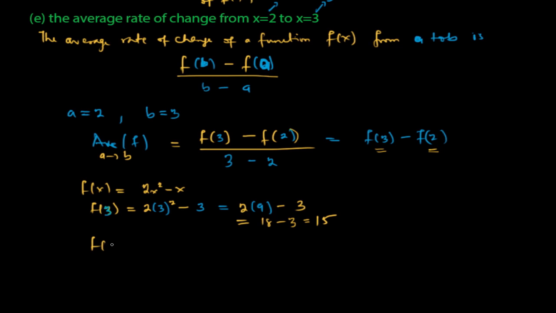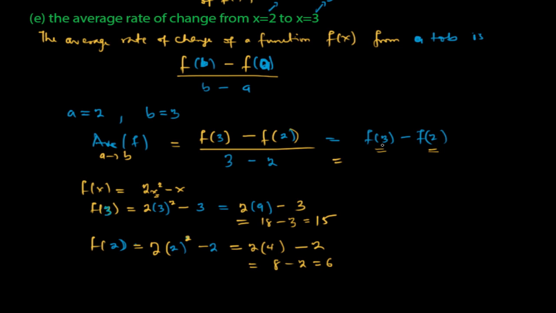So we want to find f of 2, which is equal to 2 into 2 squared minus 2, and this is going to be 2 into 4, which is 8, minus 2, which is equal to 6.